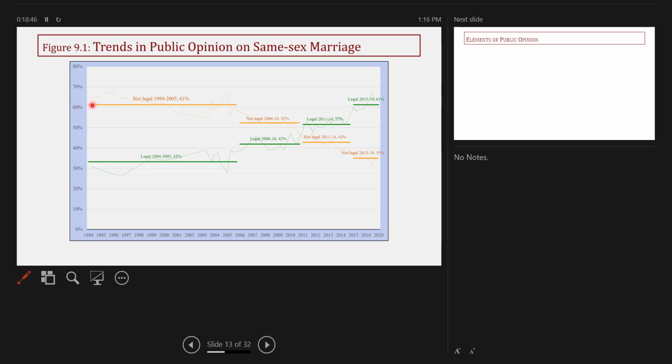And so, as you can see, opinion opposed to same-sex marriage goes from 60% down to about half, to about 40%, down to 35%, and opinion supporting same-sex marriage goes from about 1/3 of Americans to about 40%, and then crosses a line here, crosses and becomes more favorable in the period between 2011 and 2014, and has continued to rise.